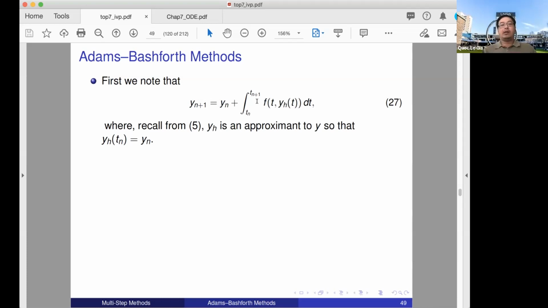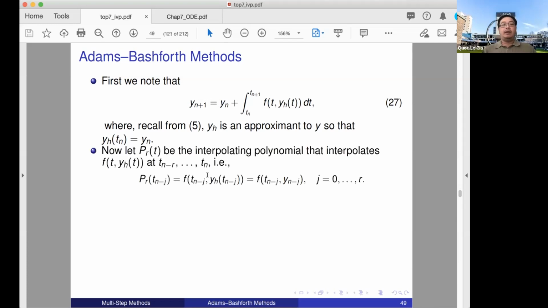Because remember, this is just y prime. Now instead of integrating f, we will approximate f by a polynomial, by interpolating polynomials. So maybe let me draw pictures to make it a bit easier to understand.